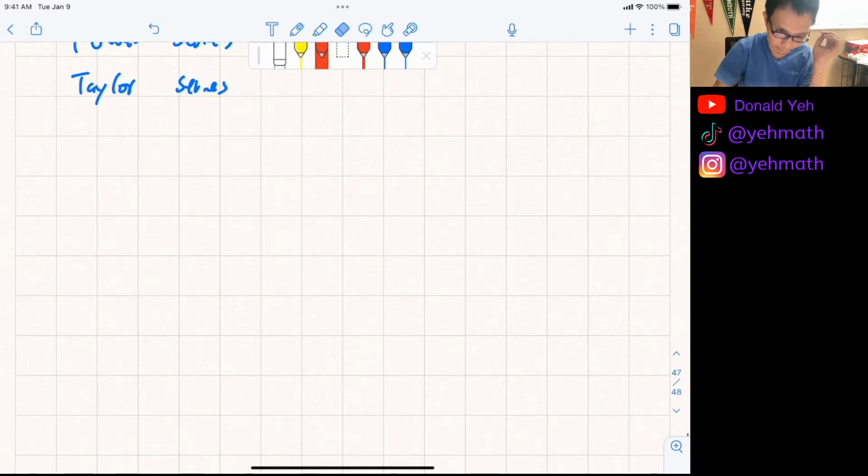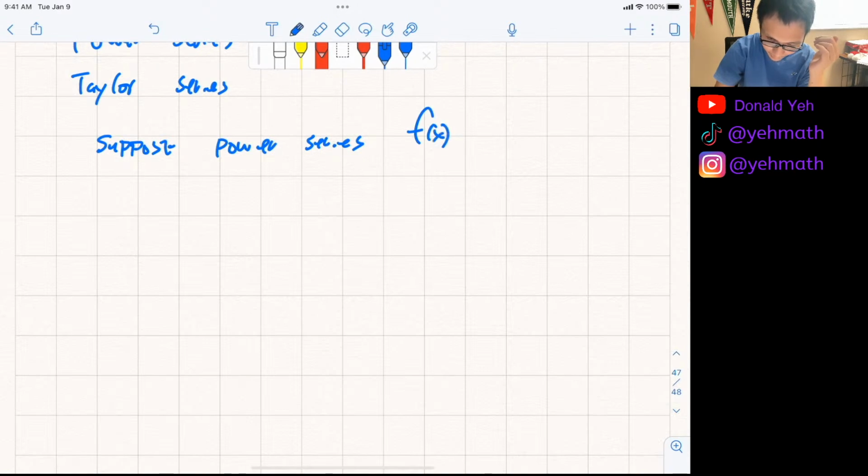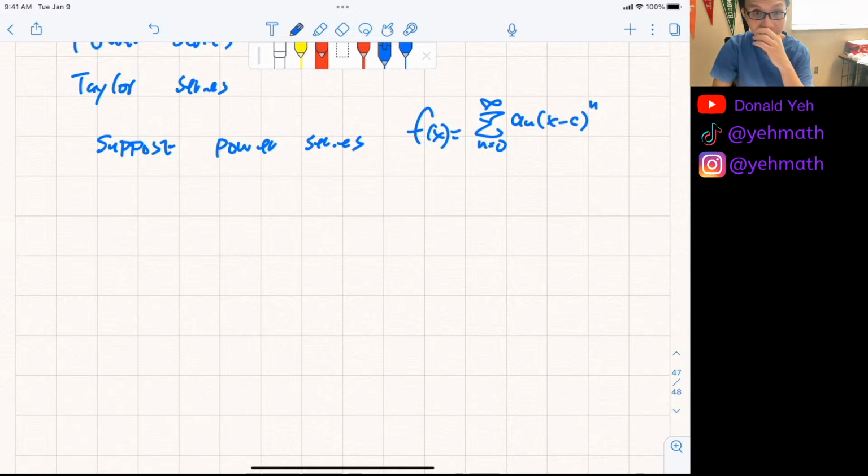So suppose we know this power series. Again, we're gonna write the power series all the time. Suppose we have a power series of f of x represented by the summation from n equal to 0 to infinity of a sub n times x minus c to the n.